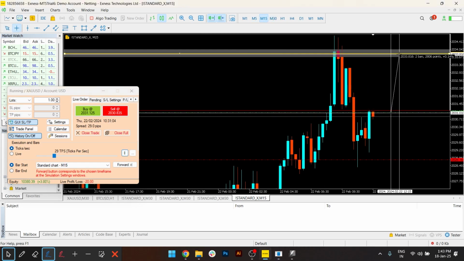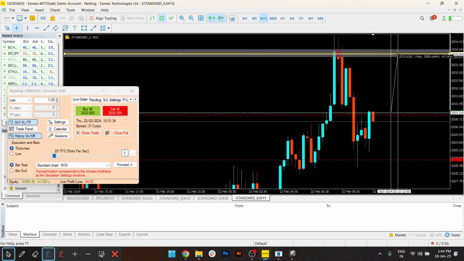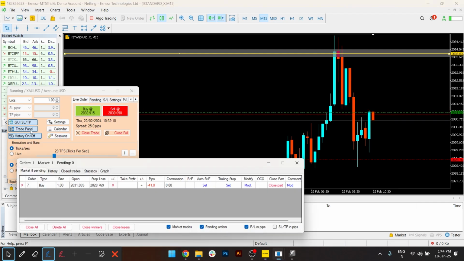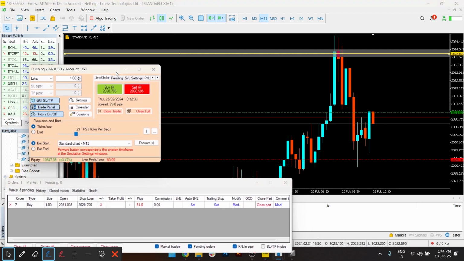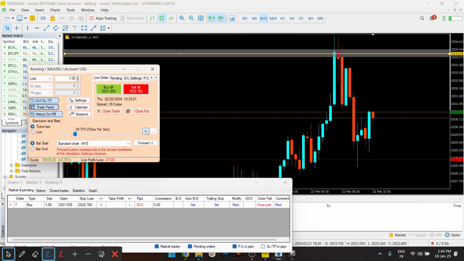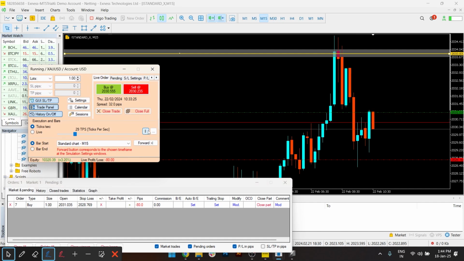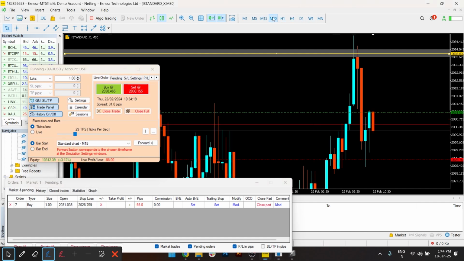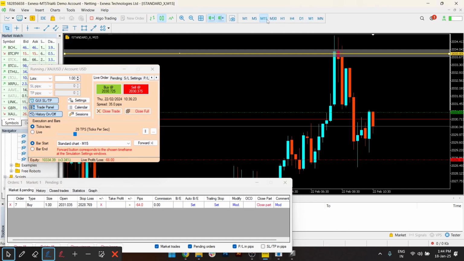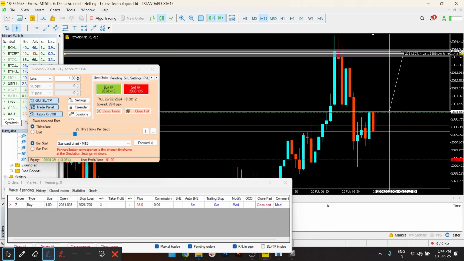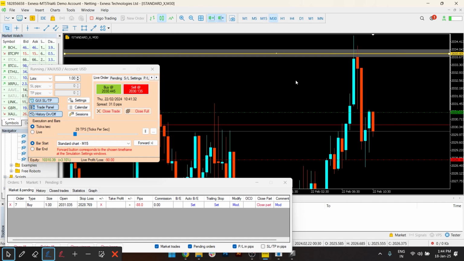I expect price to test this high. Once it breaks the high, it would be a 28 pip range.